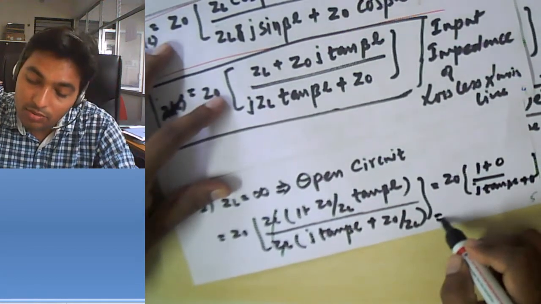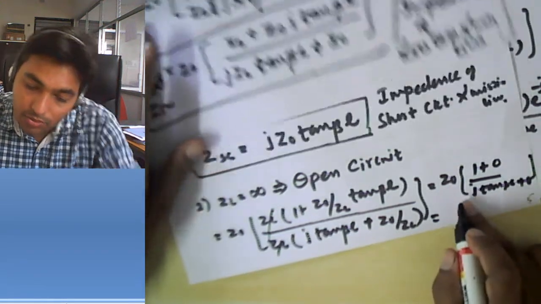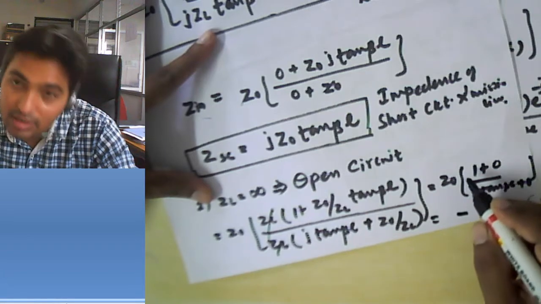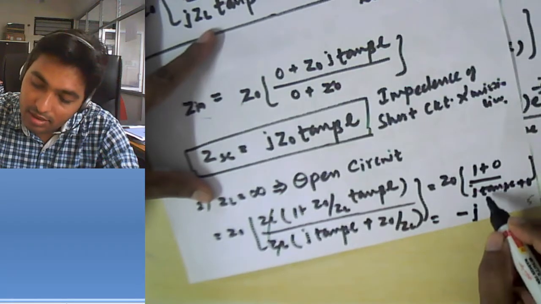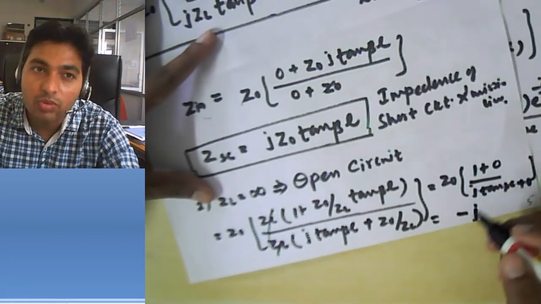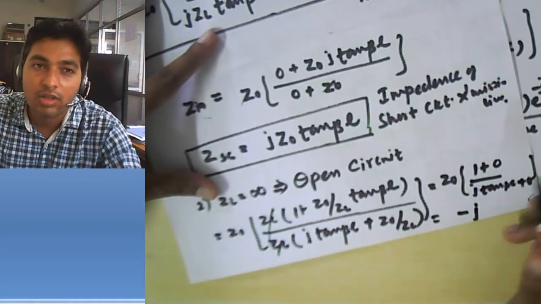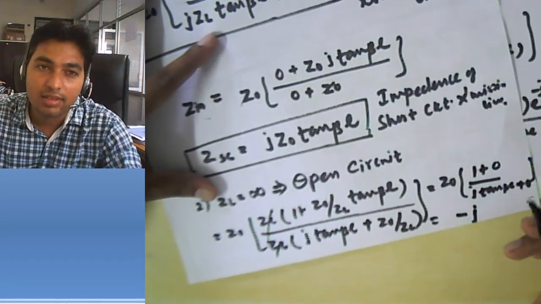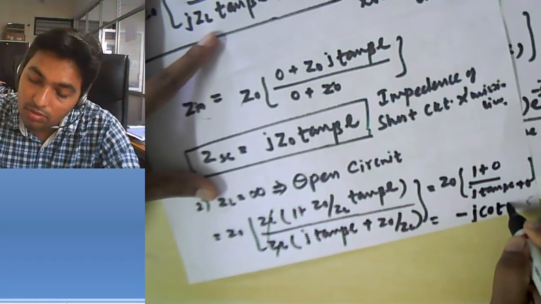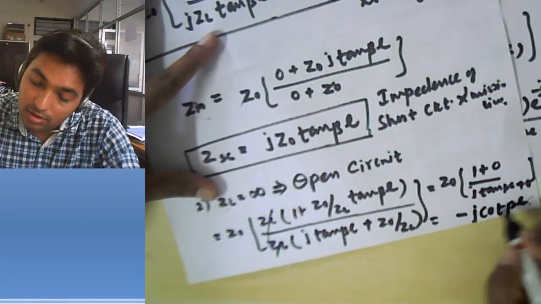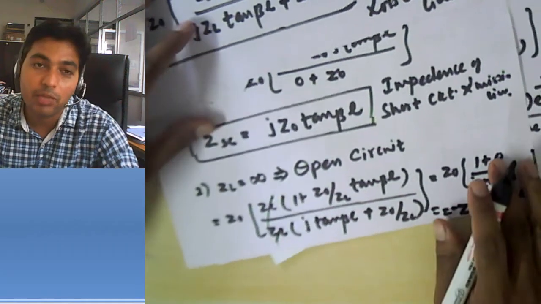So this will be equal to minus J, since this J goes to the numerator, and the tan in the denominator gives cot beta L, since 1 upon tan beta L is cot beta L. So this will be equal to minus Z0 J cot beta L.